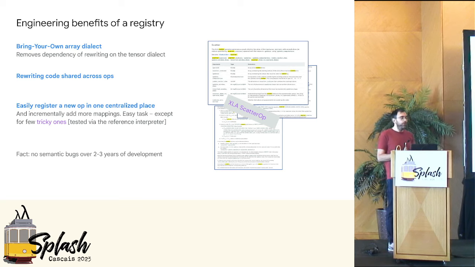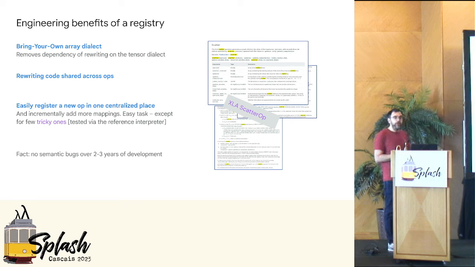The rewriting code is actually shared across many ops, and it's very easy to concentrate the behavior of the system in one place in this tile mapping registry, and also to incrementally add more mappings. As you discover, for example, that some operator is very tricky, you don't really understand its full homomorphism behavior, it's very easy to just add another one at the point when you discover a new behavior.